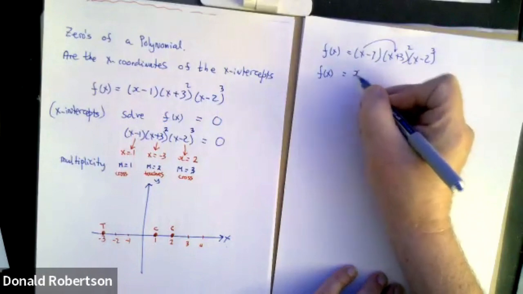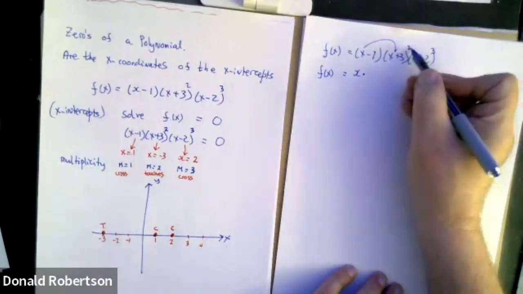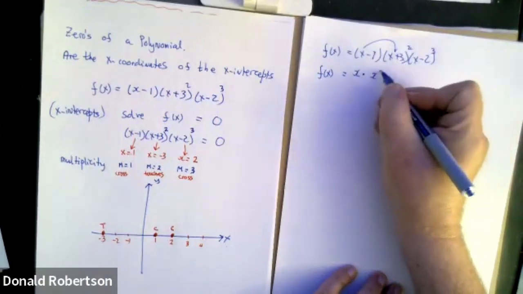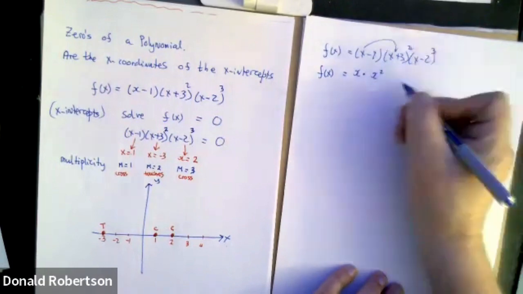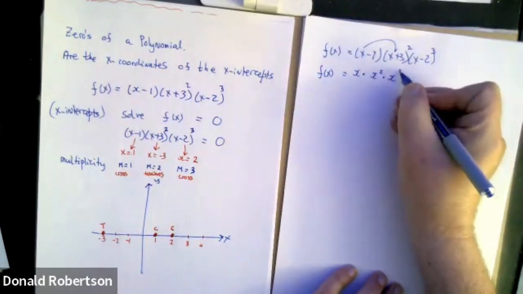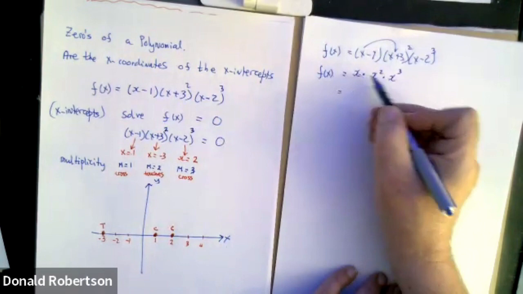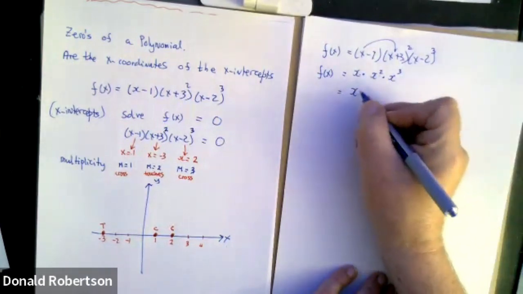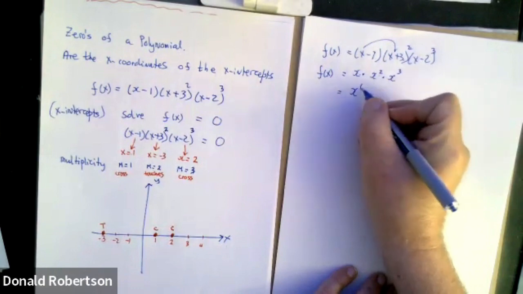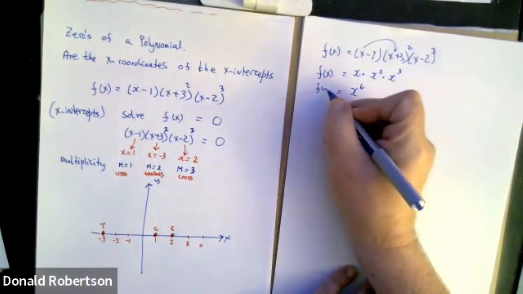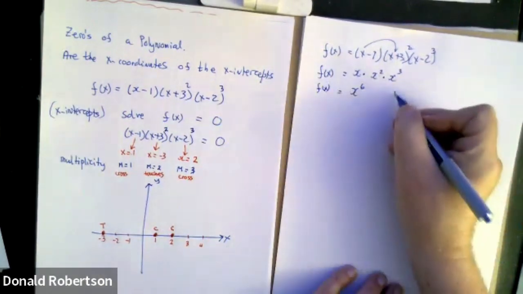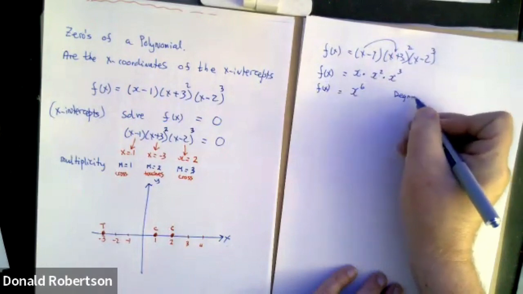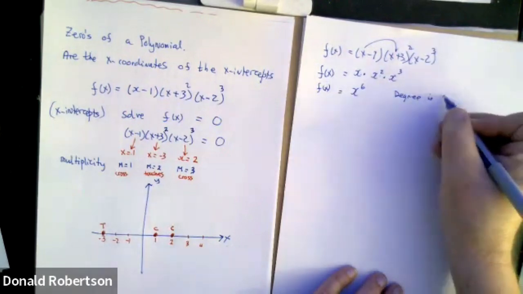Well, (x plus 3) squared would get you x squared, and (x minus 2) cubed would get you, amongst other things, x cubed. But the biggest power of x from each of them is 1, 2, 3, as you can see, and that gets me x to the power of 6. And so I know that the degree of this polynomial is 6.